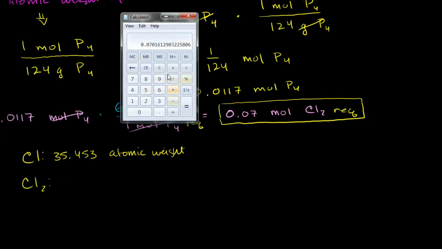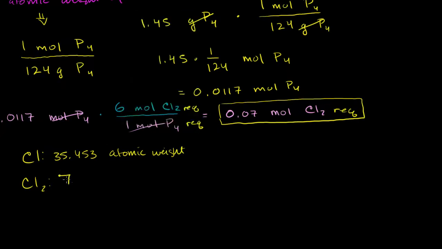I don't want to make a silly math mistake. 35.453 times 2 is equal to 70.906. I didn't even need the calculator. So it's equal to 70.906 atomic weight.